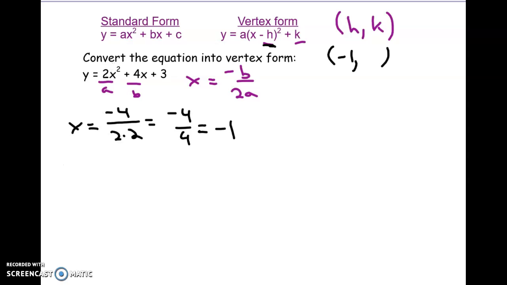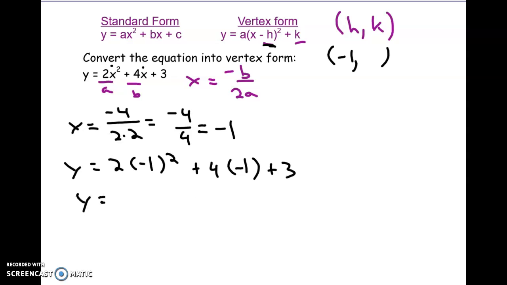And then to find the y coordinate of the vertex, just plug it in. So we're going to plug it in again right there and right there for x. So I have y equals 2 times negative 1 squared plus 4 times negative 1, and then plus 3 on the end there in the formula. Okay, and you can start to do some of these steps together. So when I square negative 1, that's what I do first. That's 1.